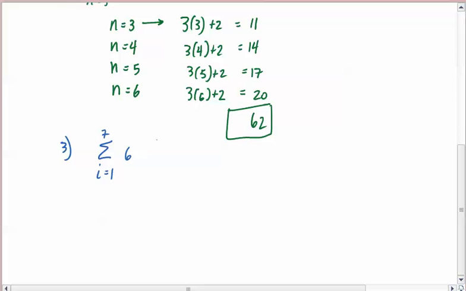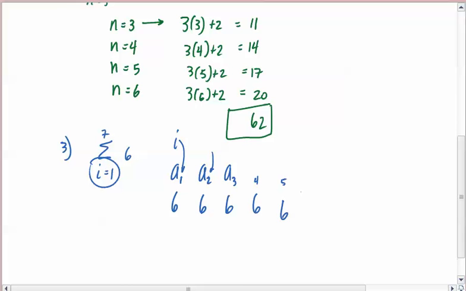We're going to finish with this example. The first term in this one is 6. The second term in this one is 6. So when I is 1, that's I is 1 here, and this is I is 2. So they want us to stop when I is 7. So there's 3, the 4, the 5, the 6, and the 7.